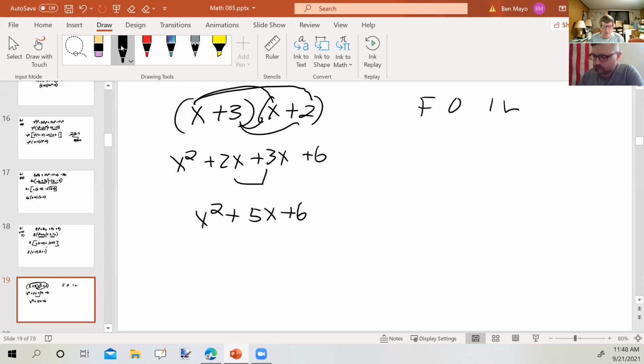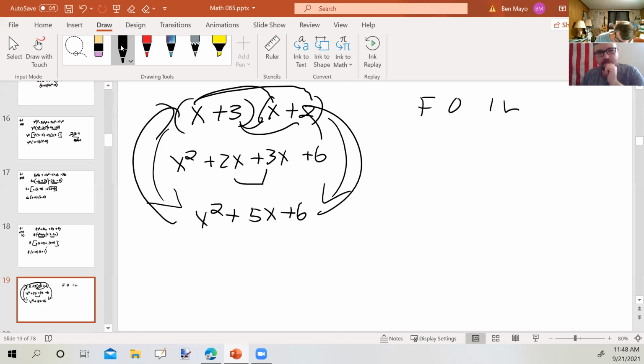All right. What we're going to do today is we're going to, instead of going here, we're going to go backwards. We're going to take x squared plus 5x plus 6, and we're going to pull it apart. We're going to factor this trinomial.